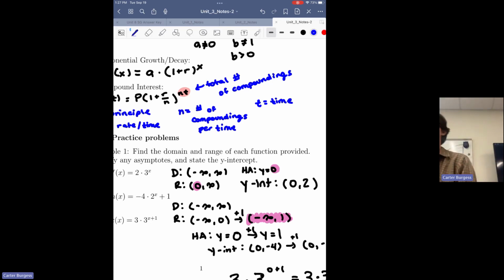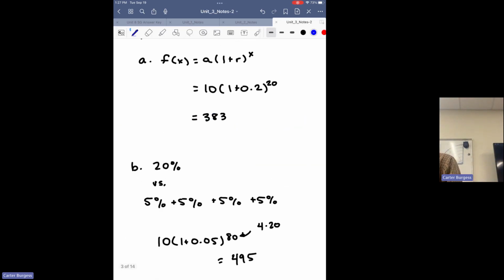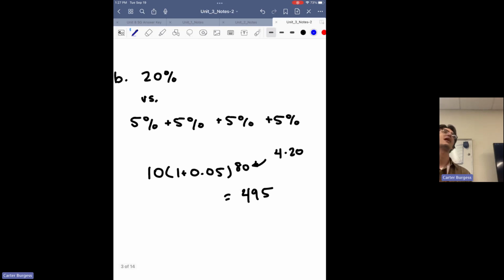Exact same reason why we saw in our sea monkey example this being raised to the power of 80. We're increasing our population by 5% 4 times a day. We are doing that for 20 days.